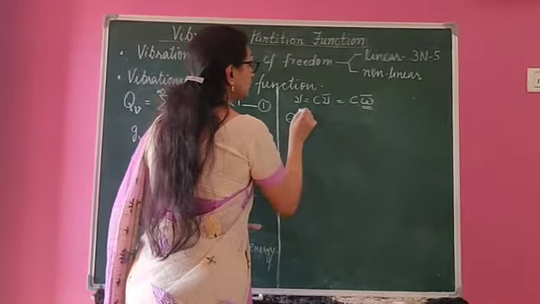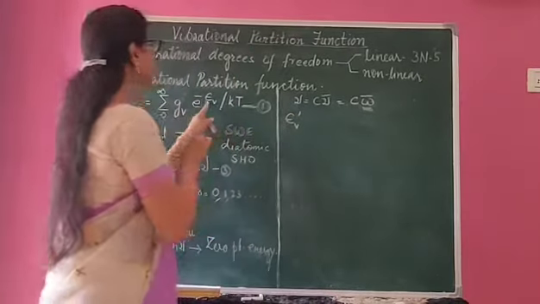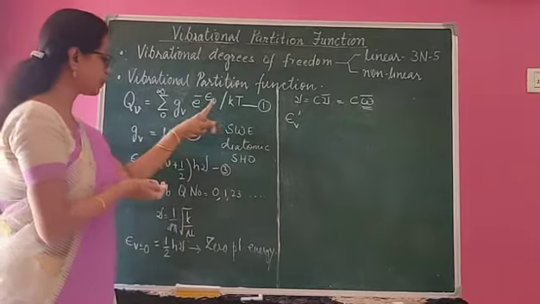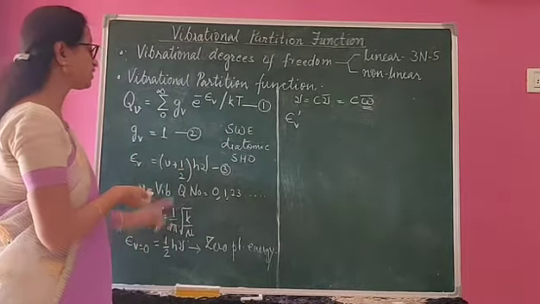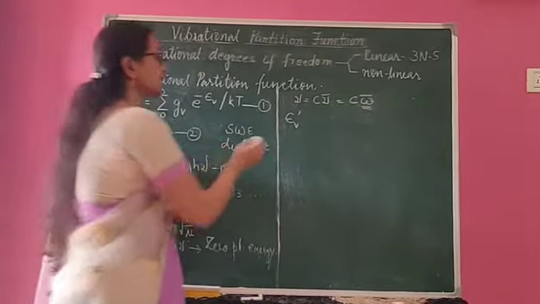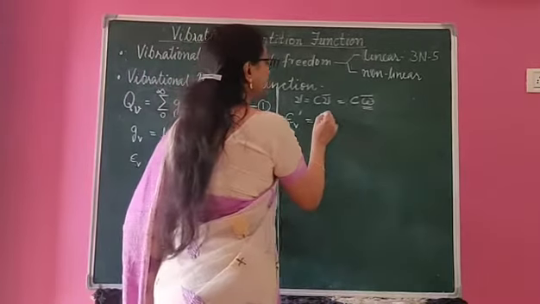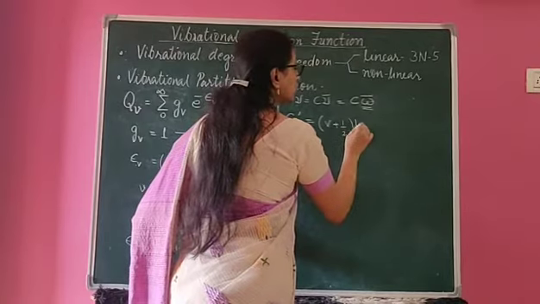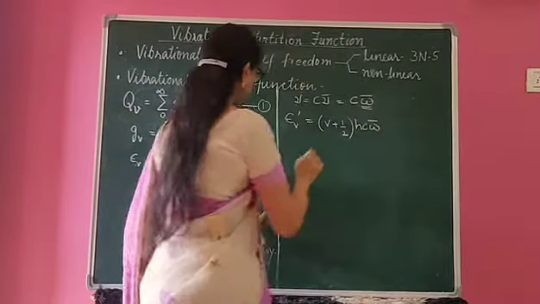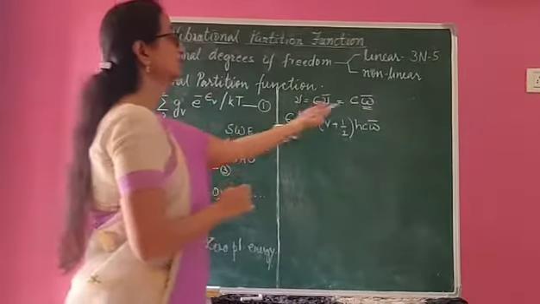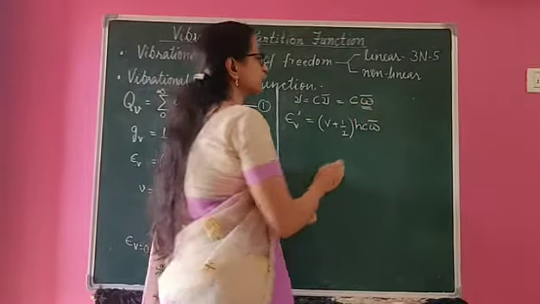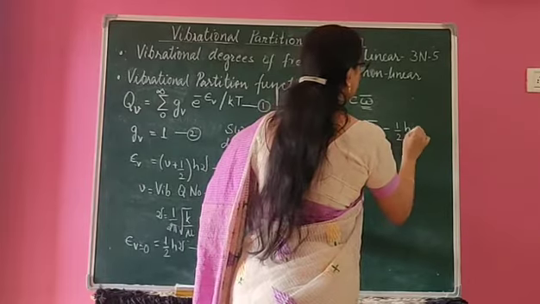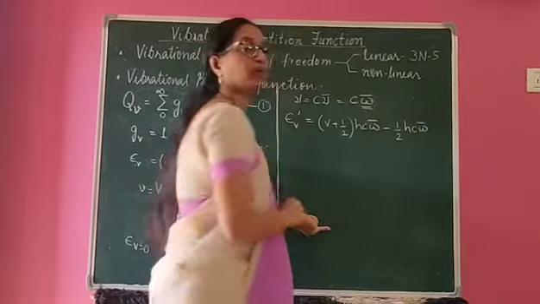We have seen that this E_V is in excess of the lowest. That means we have to subtract the zero point energy from this equation. So the corrected value will be (V plus half) h nu, or hc nu bar, where instead of nu we write c nu bar, c being the velocity of light, minus the zero point energy, that is half hc nu bar.